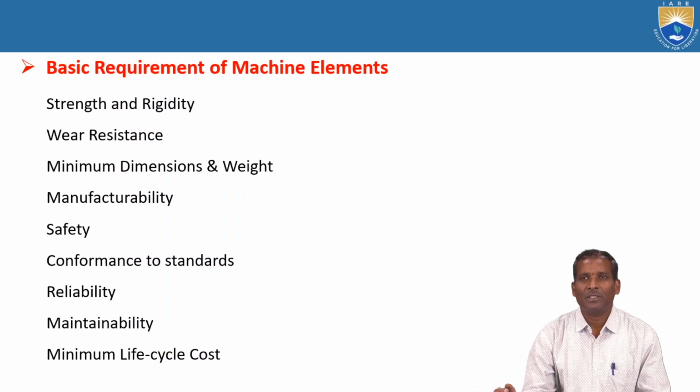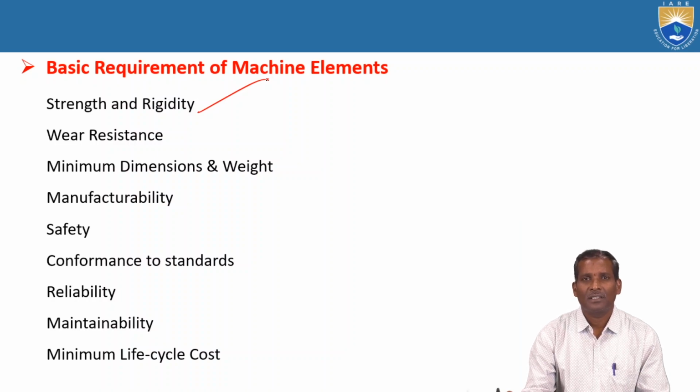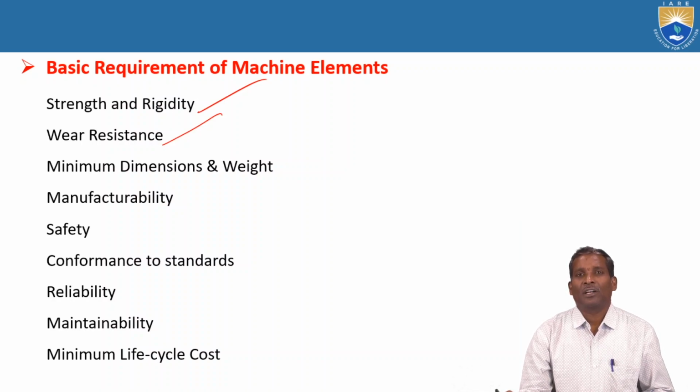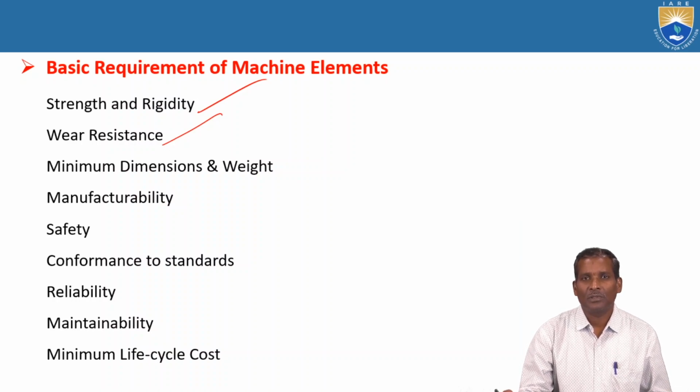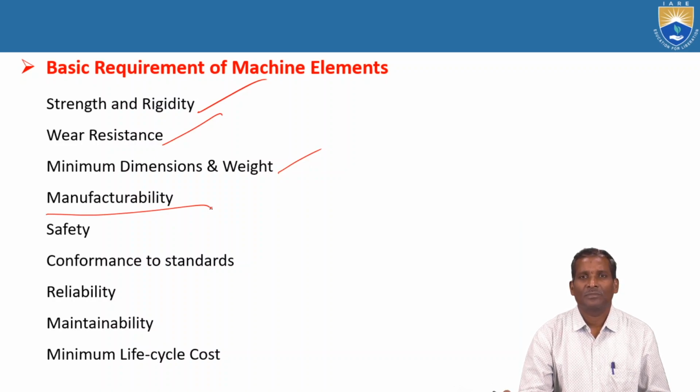So what are the basic requirements of machine elements? Strength and rigidity, and wear resistance is also a major requirement for machine elements. The component should also always have minimum dimensions and weight, and then manufacturability. The component should be manufacturable.